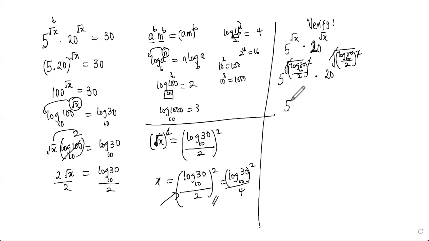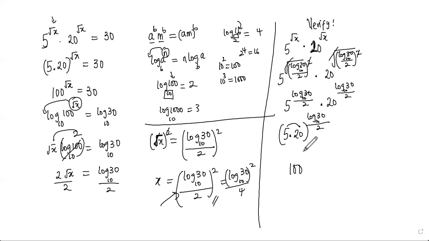We have 5 to the log 30 base 10 all over 2 times 20 to the power log 30 base 10 all over 2. Now I can go further to combine these two as 5 times 20 all to the power log 30 base 10 all over 2. And 5 times 20 is 100.